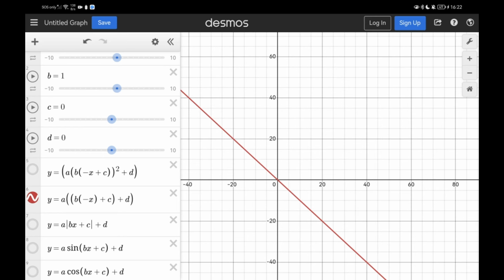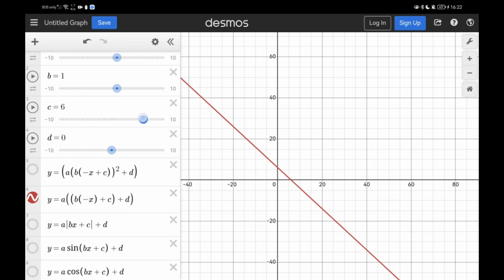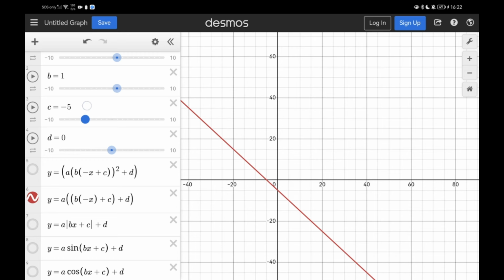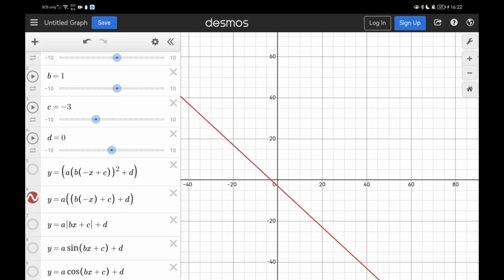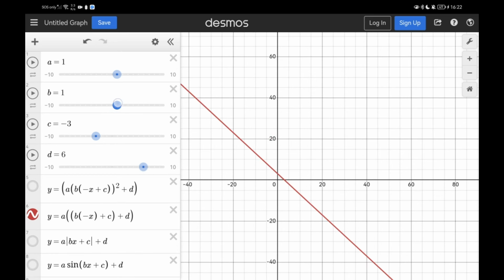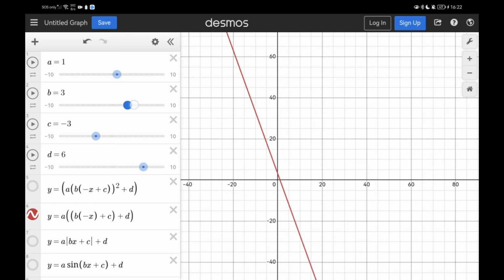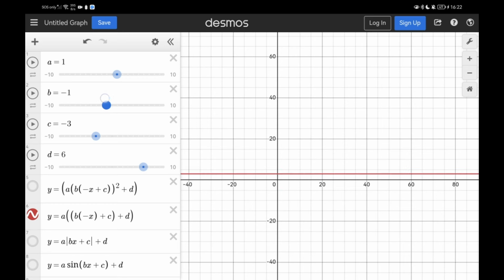So I randomly set c as, let's say, -2, d is 6, and the b is a factor of about 2 like that.